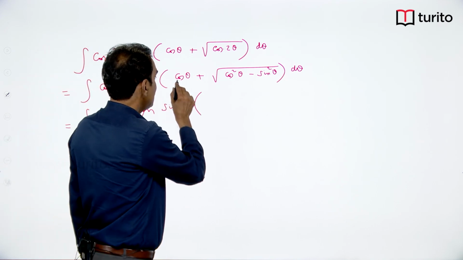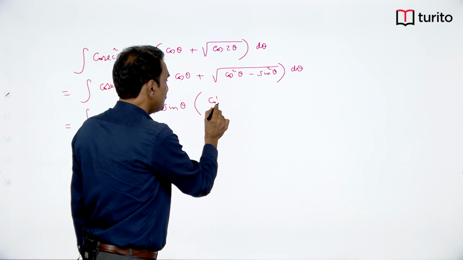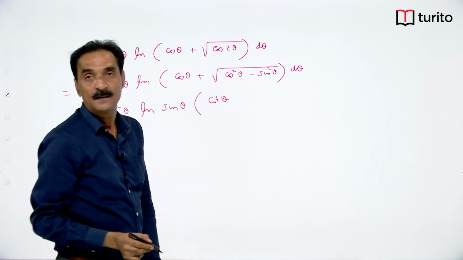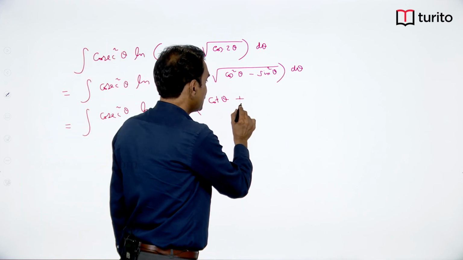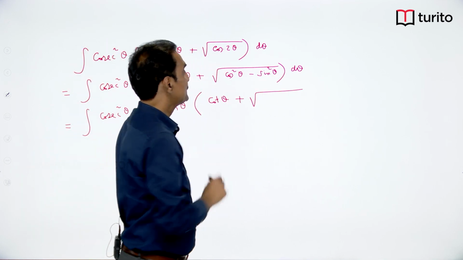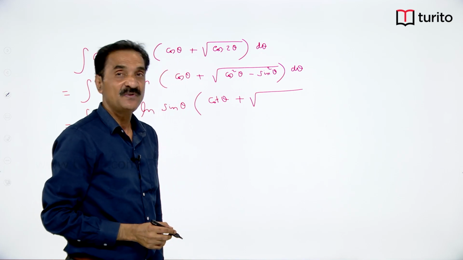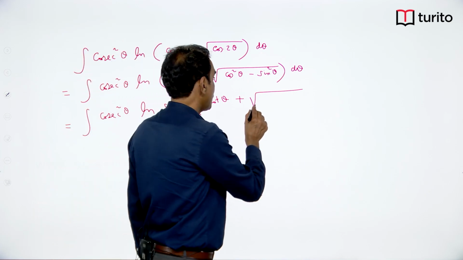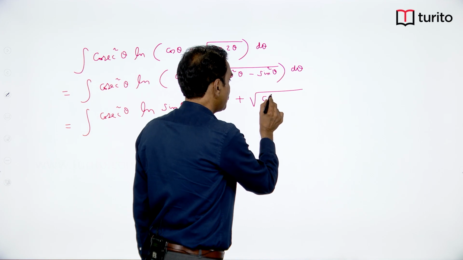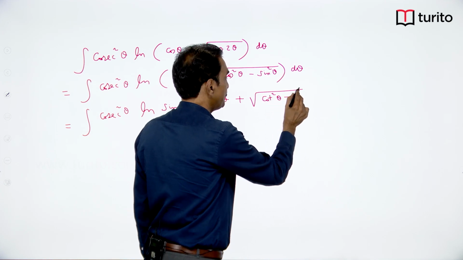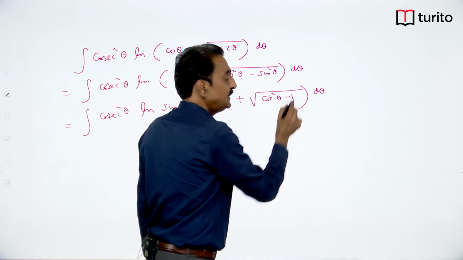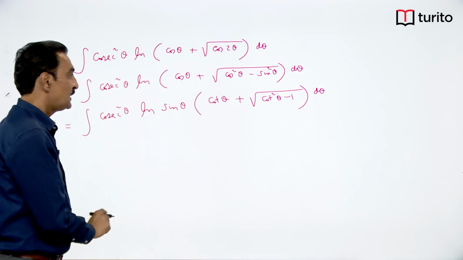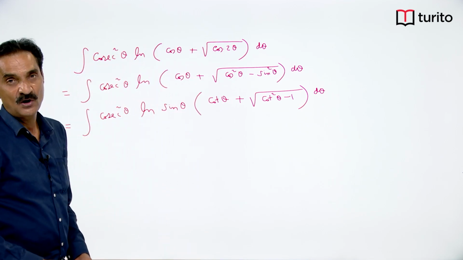This becomes cot theta plus this becomes root over cot square theta minus 1, d theta. Now log AB is log A plus log B.